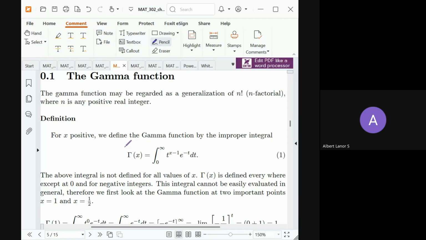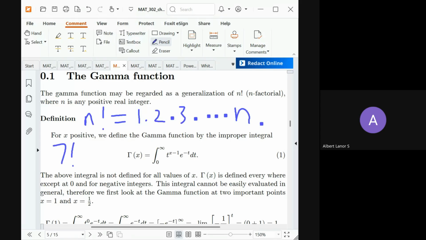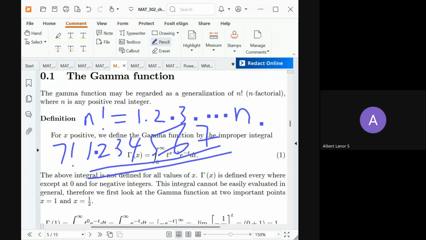Now, what is n factorial? n factorial means multiply the numbers 1 times 2 times 3 times 4 times 5 up to the last number n. So if you say 7 factorial, we are talking about 1 times 2 times 3 times 4 times 5 times 6 times 7. Whatever you get by multiplying them is the factorial of the number.